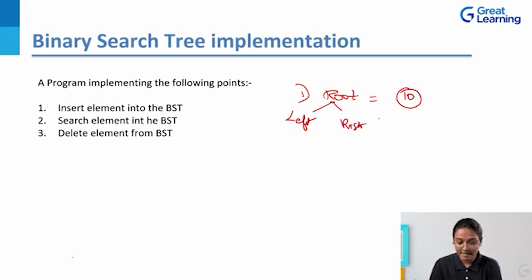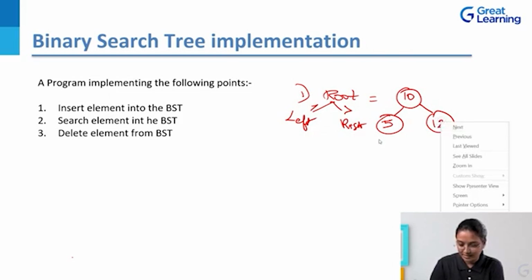So what is greater goes to the right, and what is lesser goes to the left. Keeping this in consideration, 10 is the root node I'm taking. I'm adding 5; lesser than the root node, so it goes to the left side. Anything greater than the root node goes to the right side, so I'm adding 12 here.